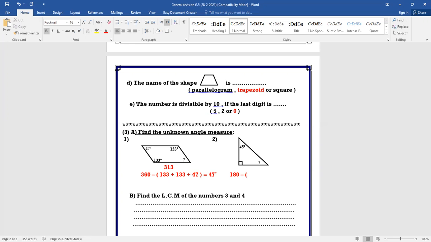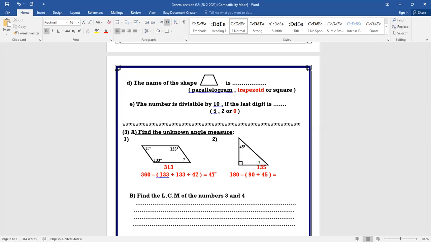Here we have a right angle 90 plus 45. We add firstly, then after that we subtract. 0 plus 5 equals 5, and 9 plus 4 equals 13.